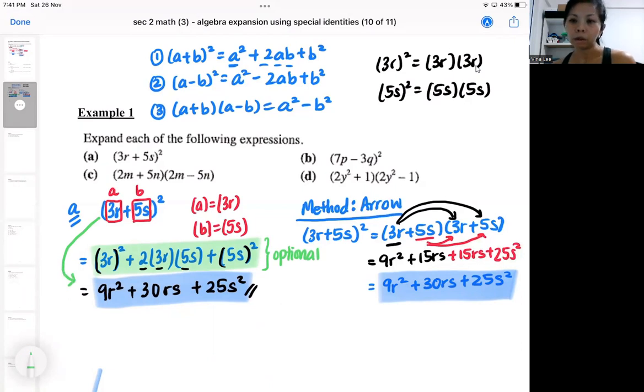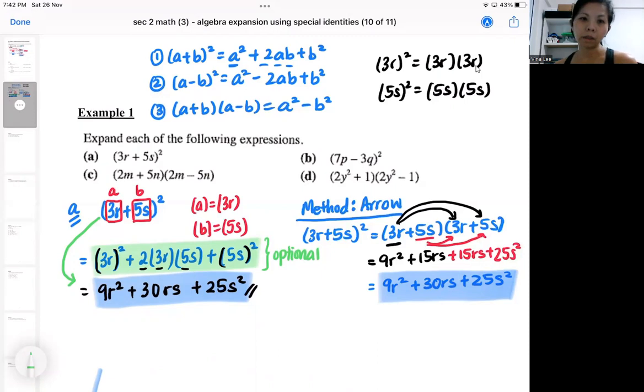I will suggest you be very, very good with this formula. But the answer from the formula and the answer from the arrow method will match. The formula is only applicable in this case, perfect square and difference of two squares.